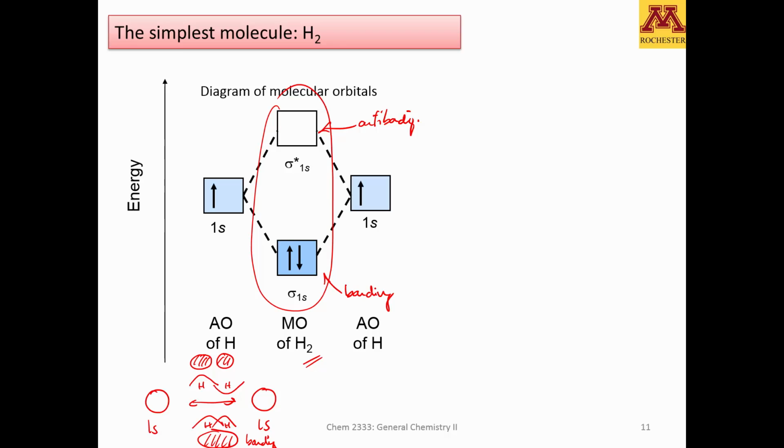Now we know that when we mix two atomic orbitals, we come up with two possible molecular orbitals, and because each of the atomic orbitals brought one electron, we need to place now two electrons in here.